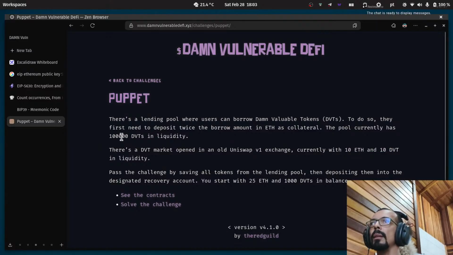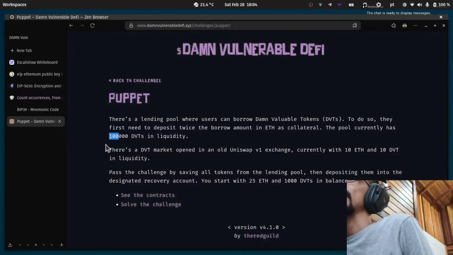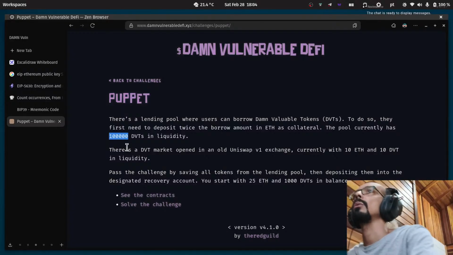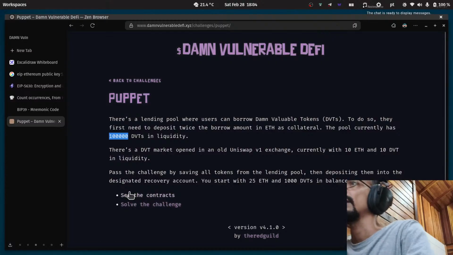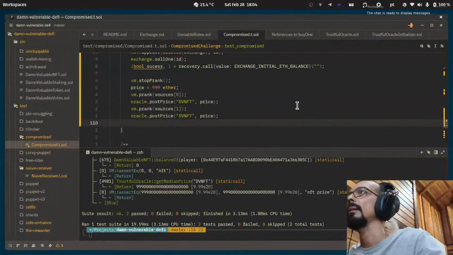So I should be having 100. No, I should be having 10,000 Ethereum to be able to take all the DVTs. So they should have some protocol problems there, right?